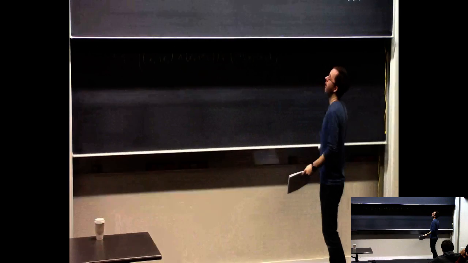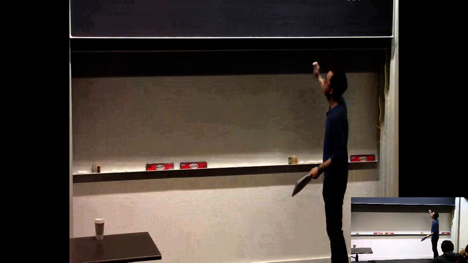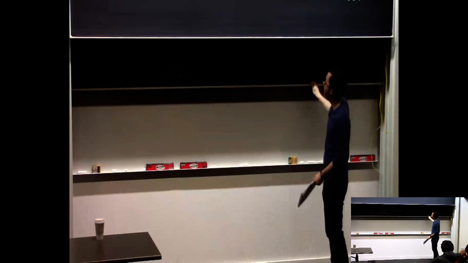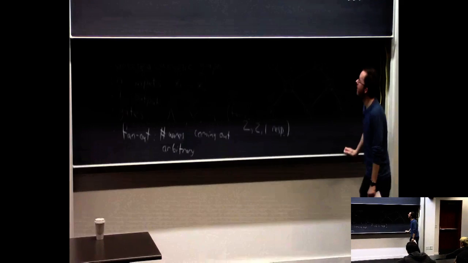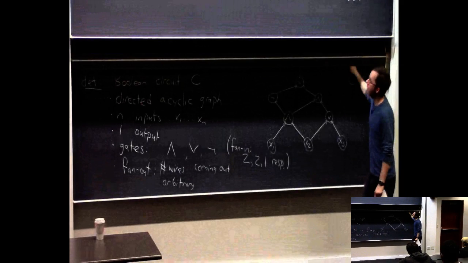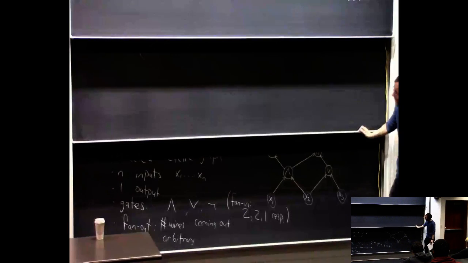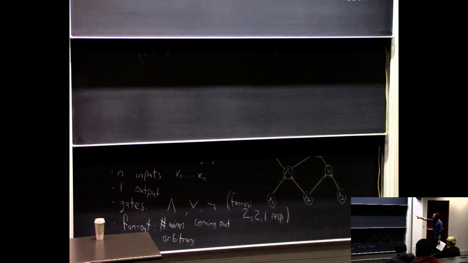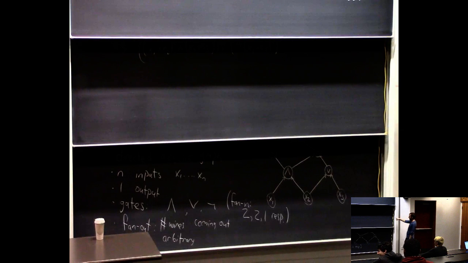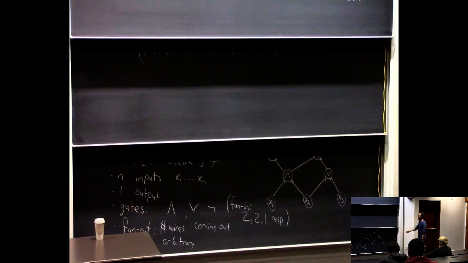Actually, I really want to see the picture now. Oh, I screwed up. Is there really no way to get this board and this board up at the same time? Well, anyway, this formula is actually computing the same thing as this circuit, which nobody can see.